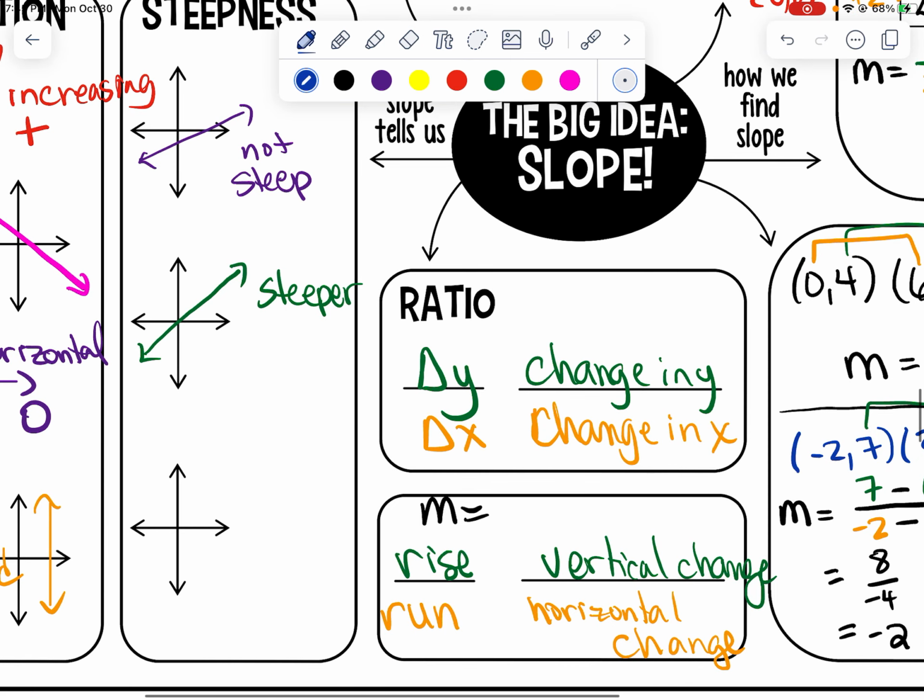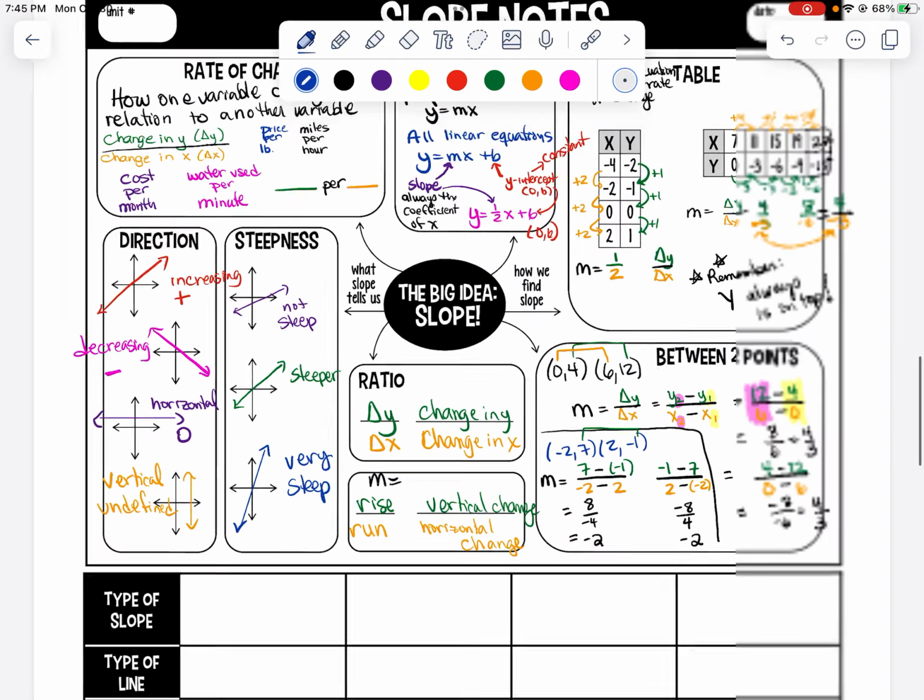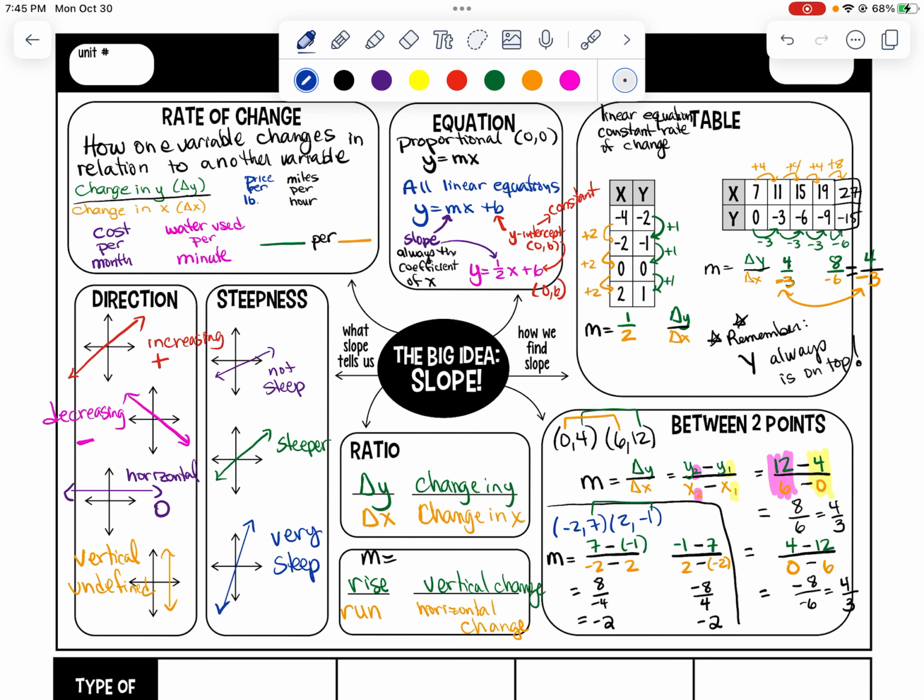And then if I go like that, this is very steep. Okay, so that's the top part.